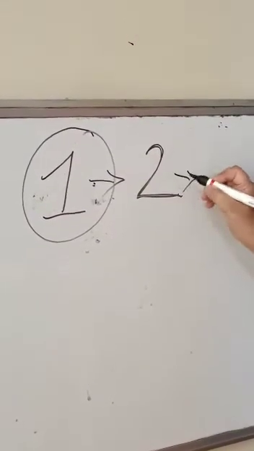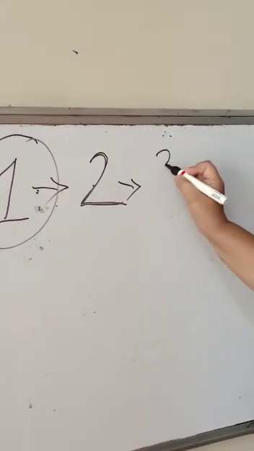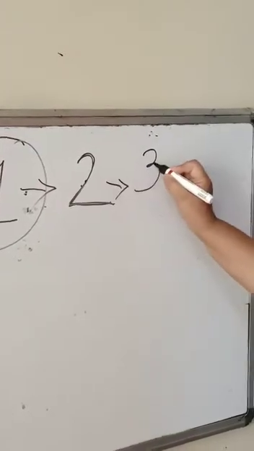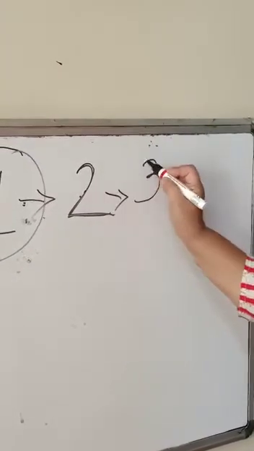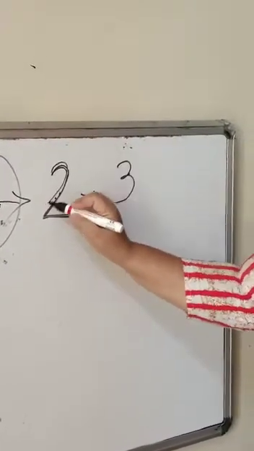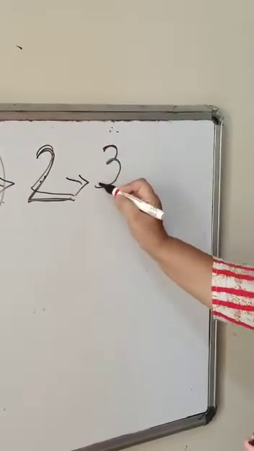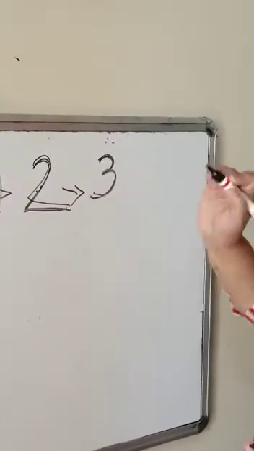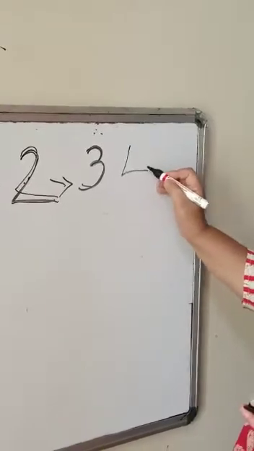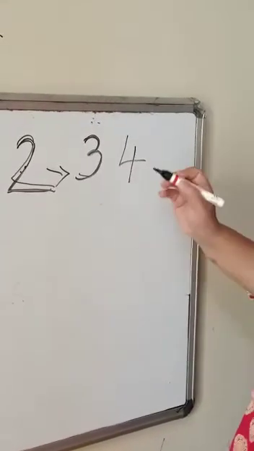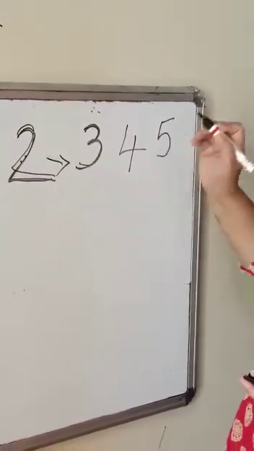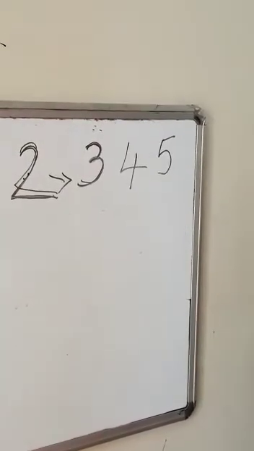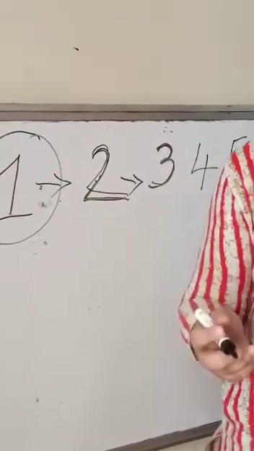Okay, what comes after 2? 3 comes after 2. This is 3. Now, this is 4. This is 5. I may take a nice activity in coming videos.